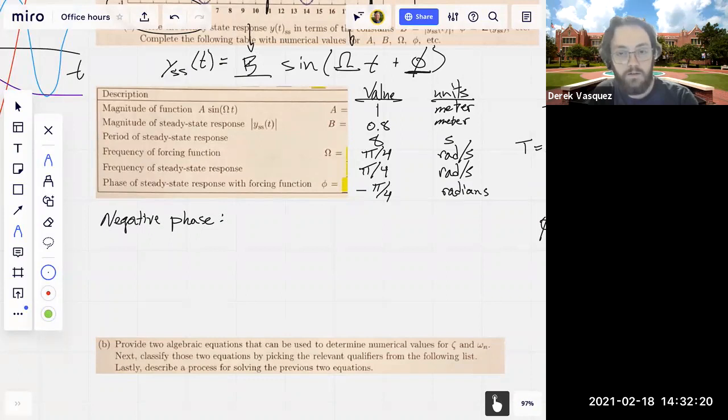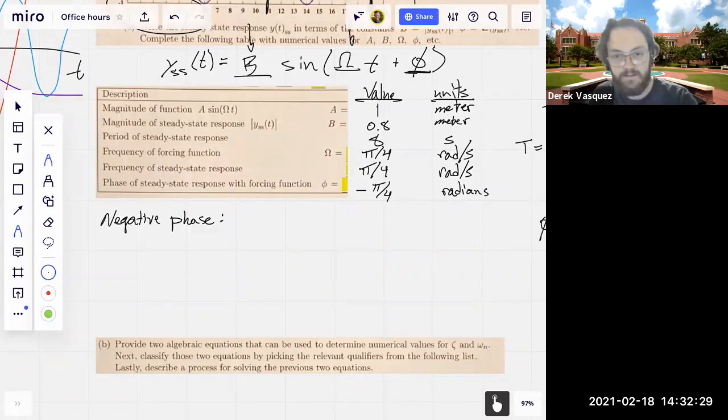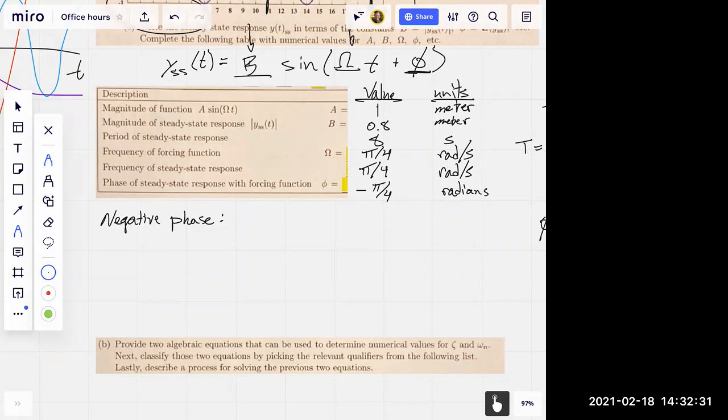So I was, go ahead, Emily. I was gonna say lag, but I don't know. Why do you think it's lag? Because isn't it in the equation? There's already a negative sign in there, so it's gonna come out positive.